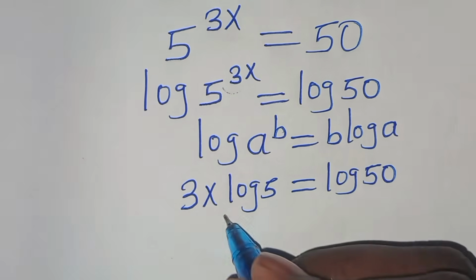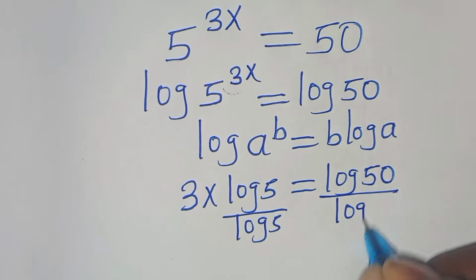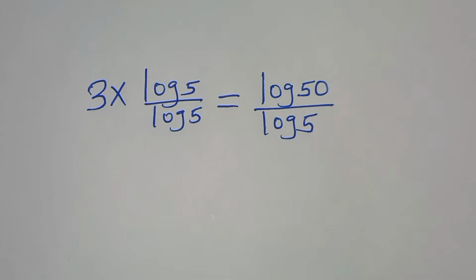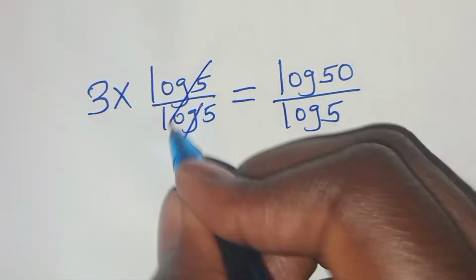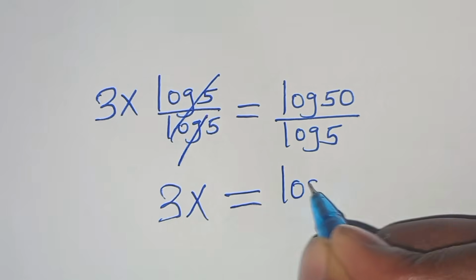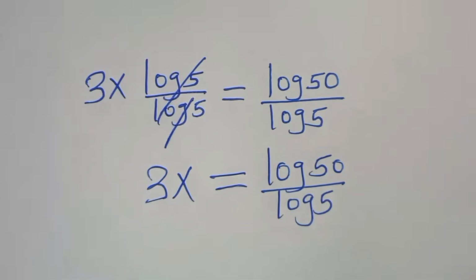Now, let's divide both sides by log 5. And also here we have log 5. So let's simplify log 5 and log 5 so that we have 3x. This is equal to log 50 divided by log 5.